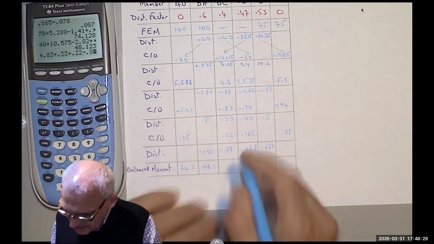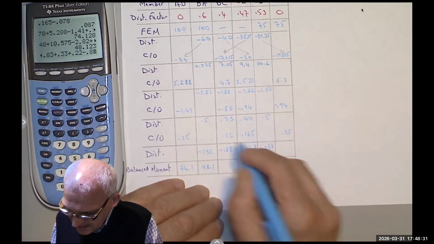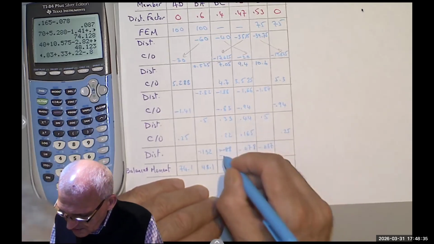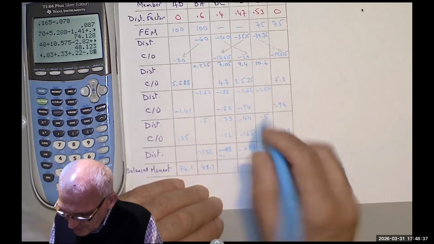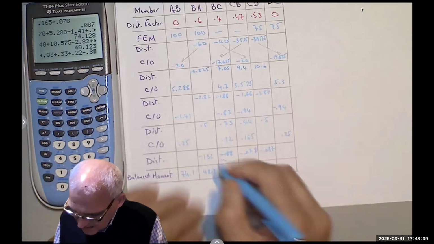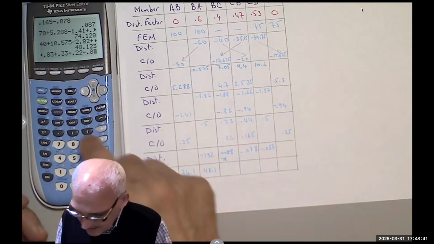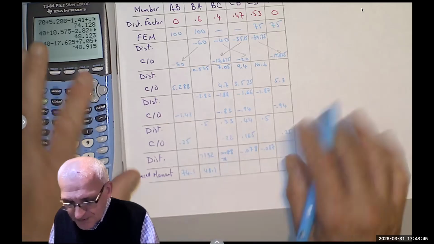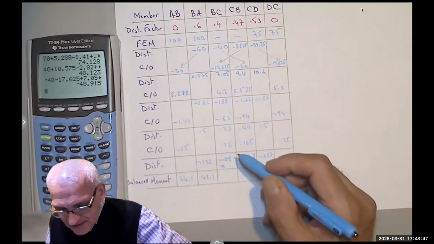That's 83, not 88, by the way. Half of that is 0.0. Oh, no, I'm sorry. No, that's correct. Minus 0.88. 48.9. Oops. Wait a second.